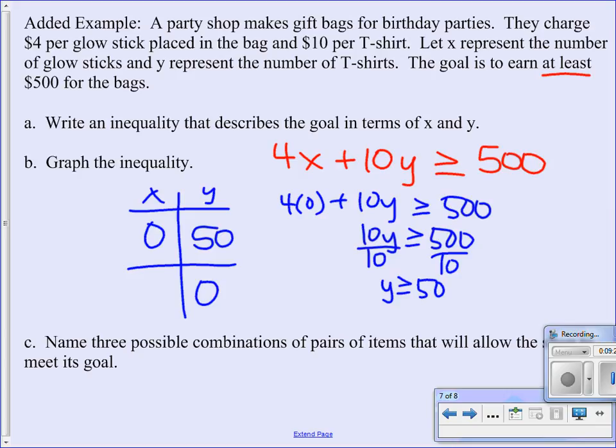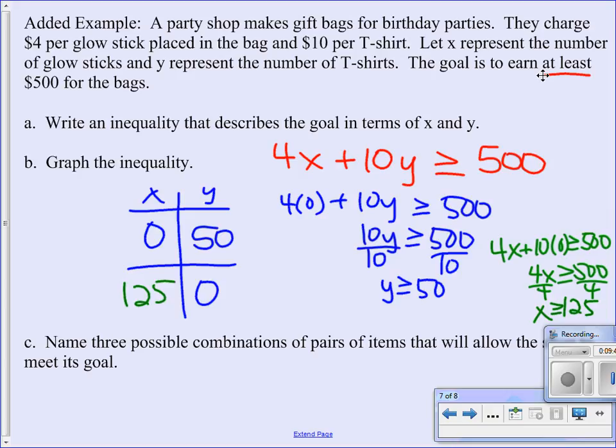Well, we know where that is on a graph. We can do the same thing if we only had the glow sticks and no t-shirts. Divided by the 4, and if I only had glow sticks, that'd be 125 glow sticks.